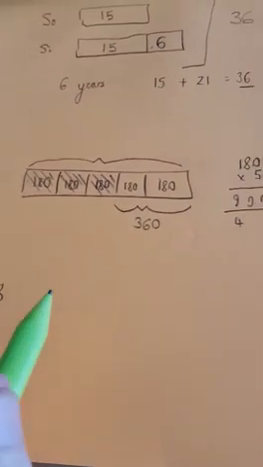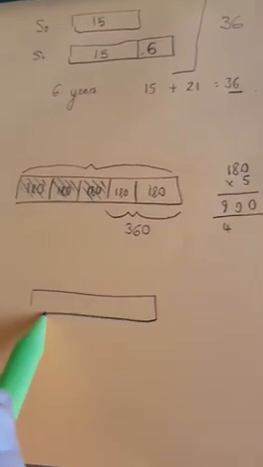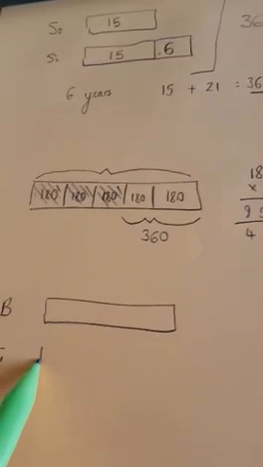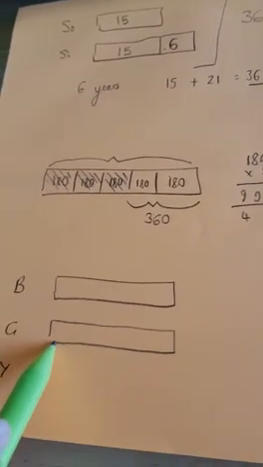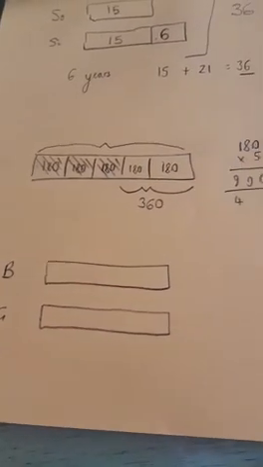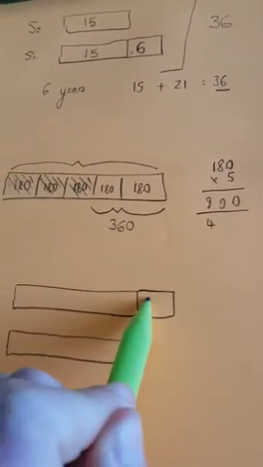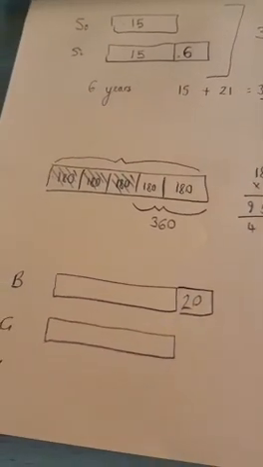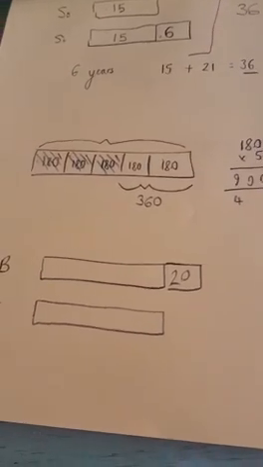So let's start at the beginning. There are 20 more blue counters than green counters. So we've got a bar for blue and a bar for green. And it says there are 20 more blue than green, so let's add on 20. And there are half as many yellow counters as green.